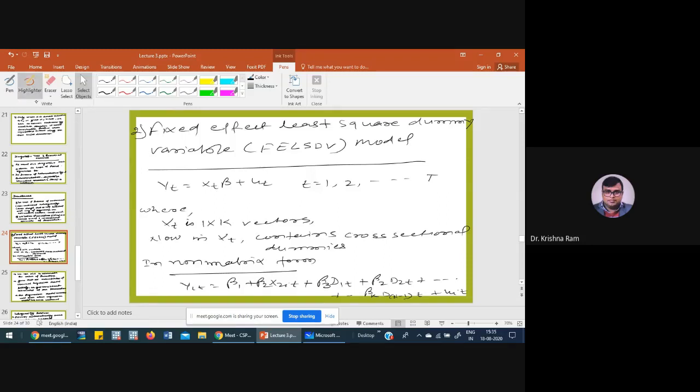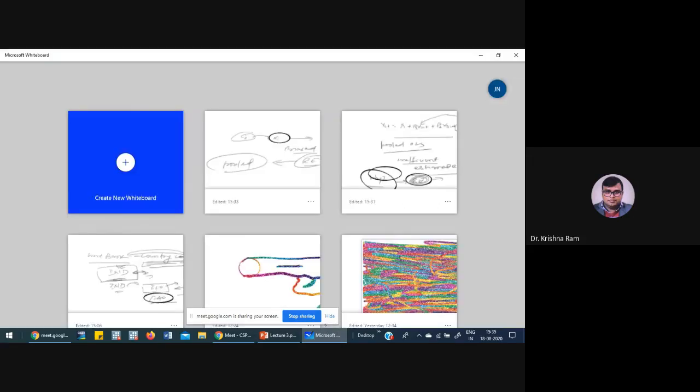Again, this is the usual regression equation in matrix form, where x_t is a 1 by k vector, and in this model x_t contains cross-sectional dummies. In the pooled case, we haven't included cross-sectional dummy variables as explanatory variables, but in this model we are going to.